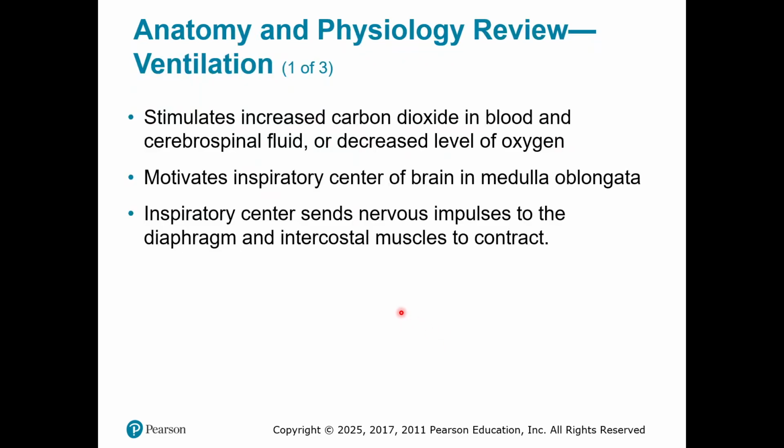The quickest way for us to get rid of that is by breathing it off. So the brain sends the appropriate message, and that comes from the medulla oblongata, where the respiratory center of the brain is. It sends that message to the diaphragm: let's take some deeper breaths and move that oxygen quicker, so it increases your respiratory rate.